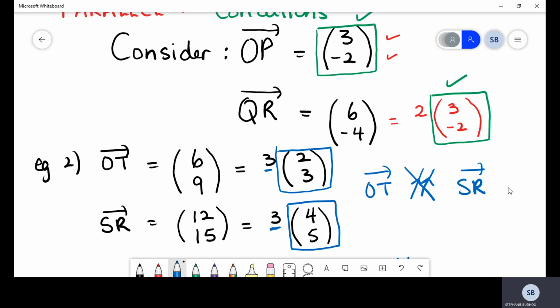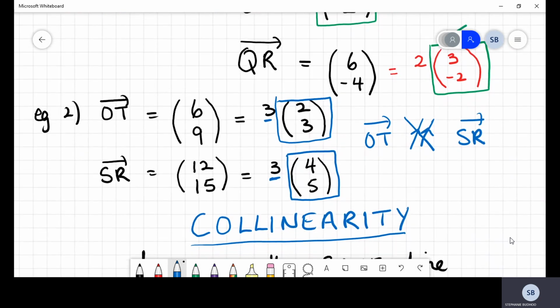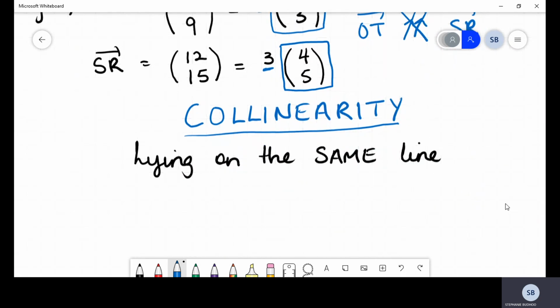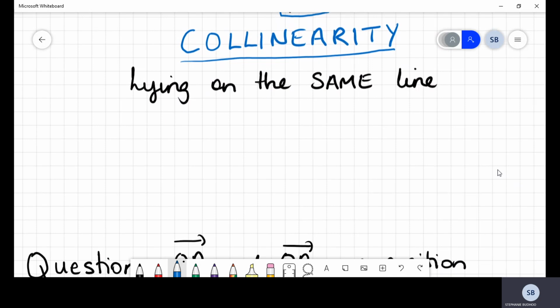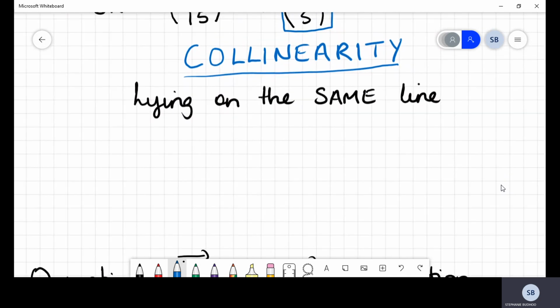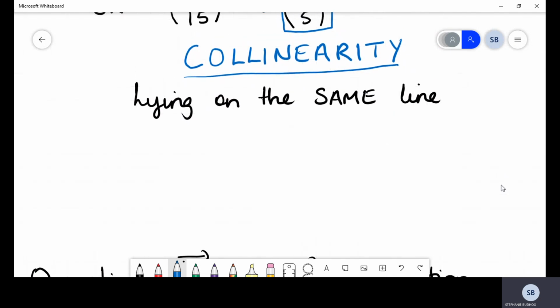So we are going to take some of this concept and we are going to move forward into yet another concept of vectors called collinearity. Now, for those of you who've ever heard the word collinearity before, it typically means lying on the same line.